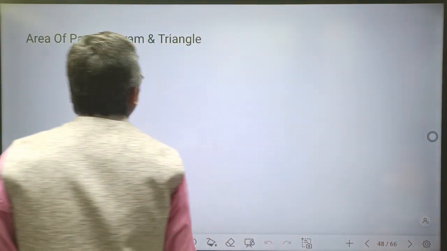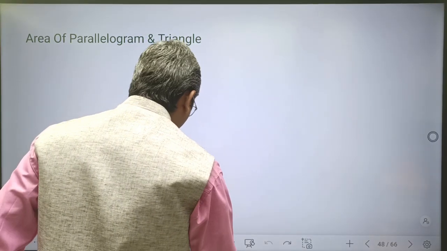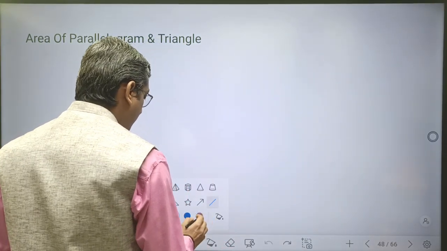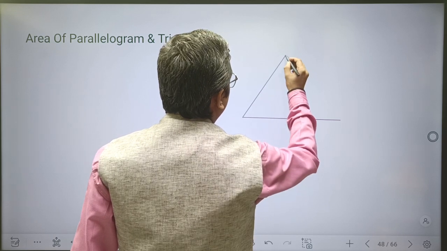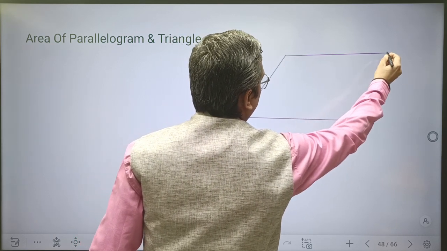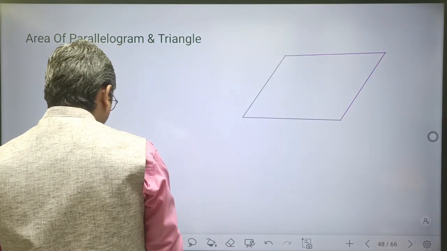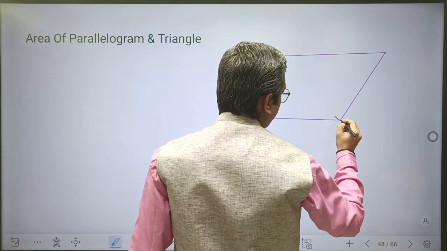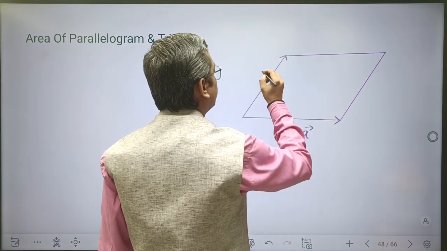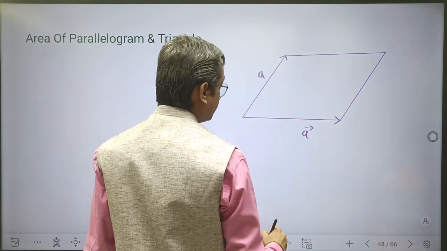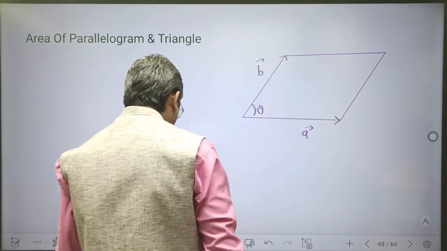Next is area of parallelogram and triangle. What happens, dear friends? Suppose we have a parallelogram like this one. Now suppose the sides of the parallelogram are represented by two vectors. So this is vector A, and this is vector B, and the angle between the two is given by theta.